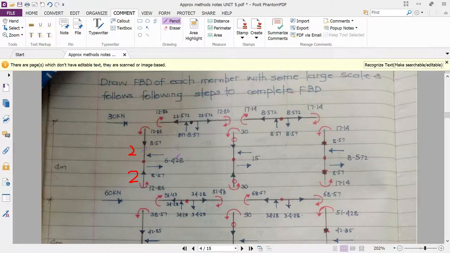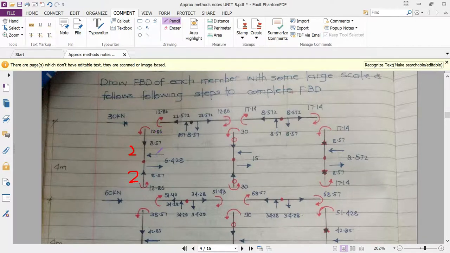So 6.48 multiplied by 2 will give you the answer of the moment, because when we multiply the shear force into its dimension, the unit of the shear force is kilonewton, and when we multiply this kilonewton into my particular dimension, that is meter, the answer becomes kilonewton meter, and kilonewton meter is nothing but a moment. So 6.48 into 2 will be equal to 12.86.